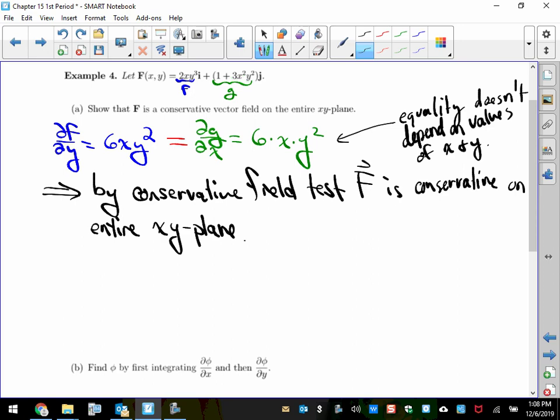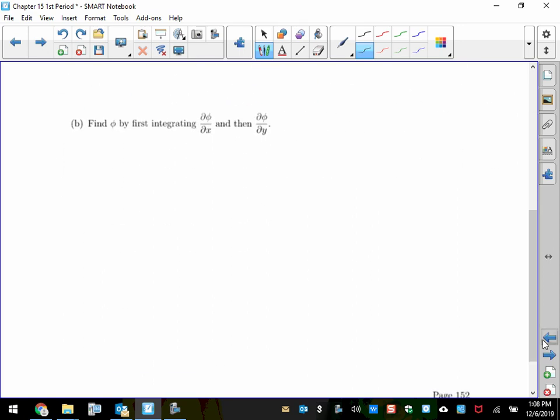Okay, so for part B, it says find phi by first integrating the partial of phi with respect to x and then the partial of phi with respect to y. So here, there must be some potential function phi out there. This is the potential function.